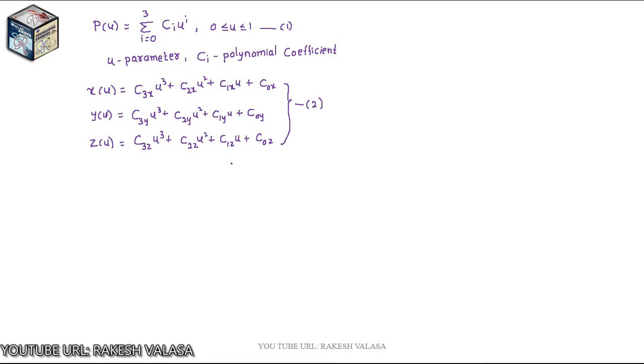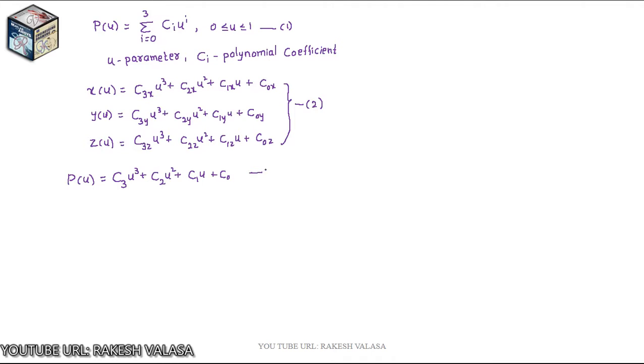Now you can write the parametric equation of a cubic spline in the format of coefficients, that is P of u equal to C3 u cube plus C2 u square plus C1 u plus C naught.